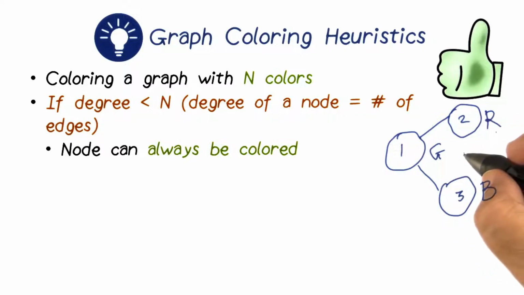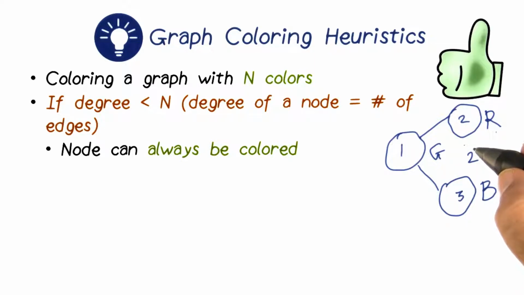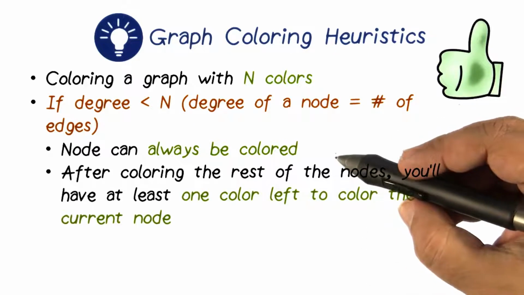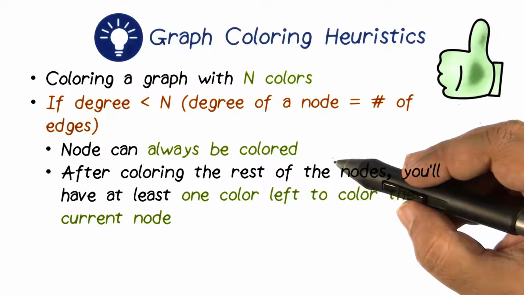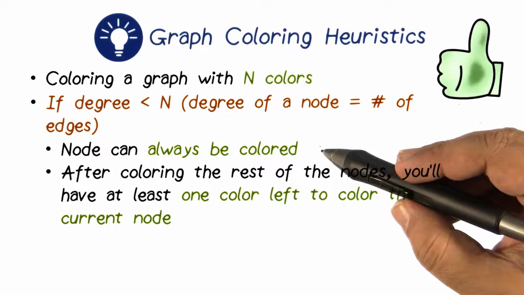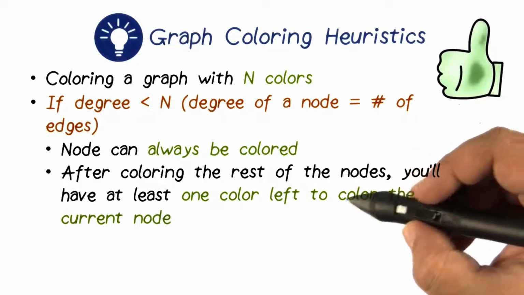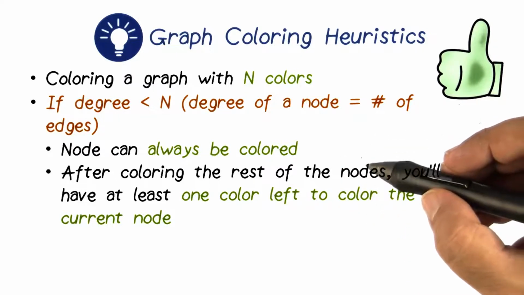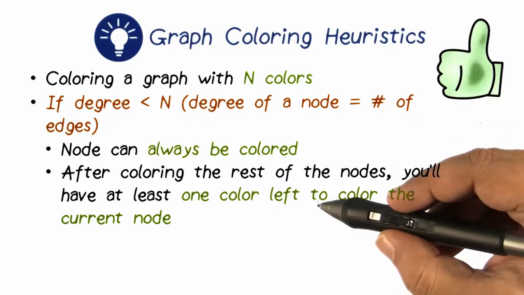My degree is 2 here, and if my n is equal to 3, then I can sufficiently color this particular graph using 3 colors. So the important point to be noted here is that when the degree of a node is less than n, the node can always be colored, because even if we give out n-1 colors to the neighbors, we'll have at least one color left to color the current node.